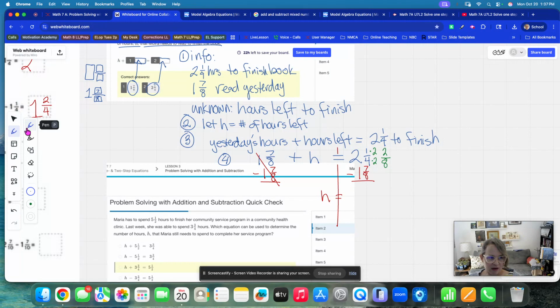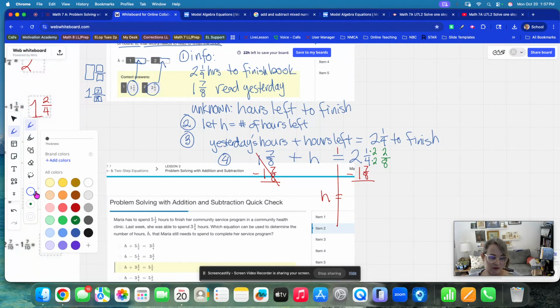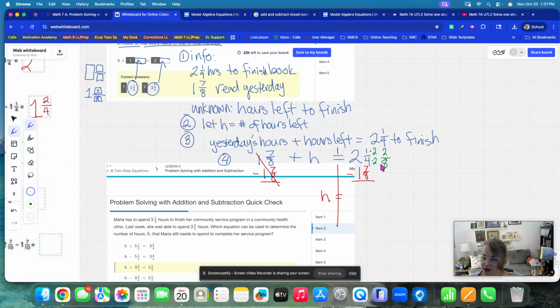Okay, I'm going to actually borrow 8/8 from the 2. Okay, so this is 2 1/4. I'm going to turn this into 1 1/4. Now I'm going to add 8/8 to these 2/8, and now there are going to be 10 of them.